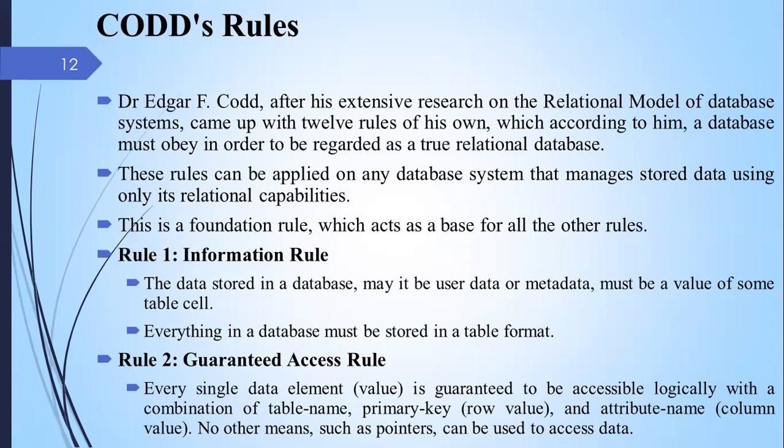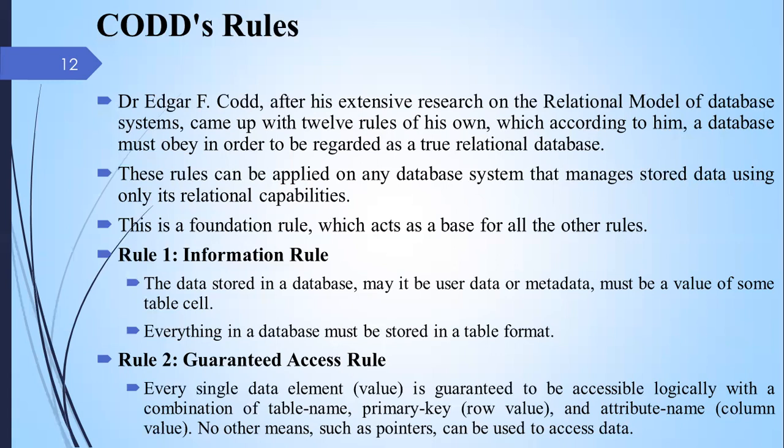First rule is called rule number 1. It is the information rule. The data stored in the database, may it be user data or metadata, must be a value of some table cell. Everything in a database must be stored in a table format.